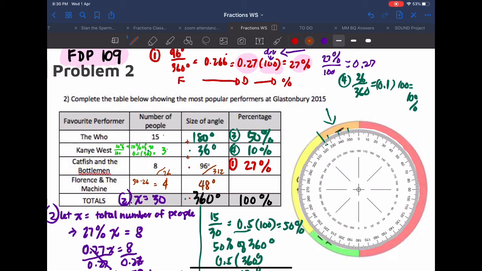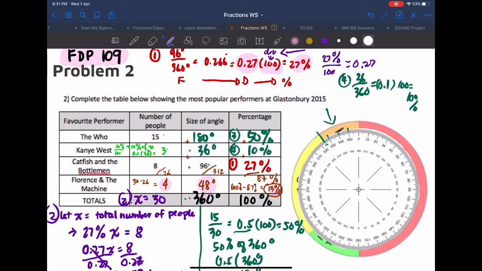And same with this one, 50 plus 10 plus 27 is equal to 87. So 100% minus 87% will give me 13%. Let me just highlight everything, 13%.